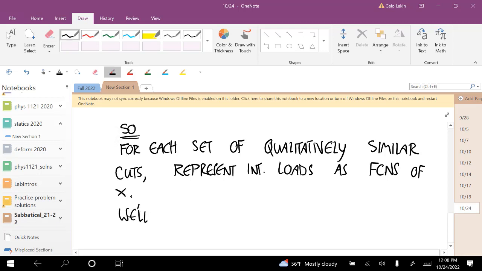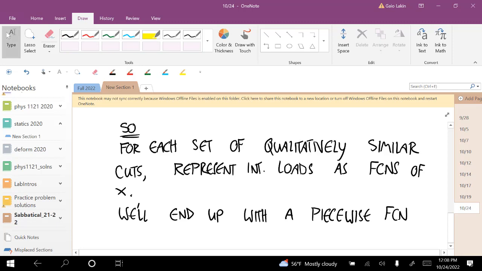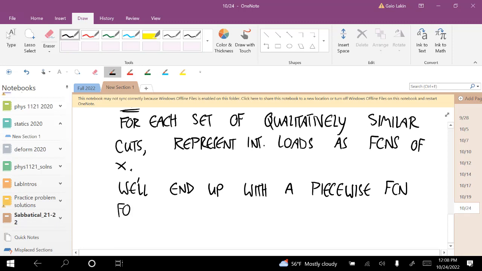We'll end up with a piecewise function for each internal load.